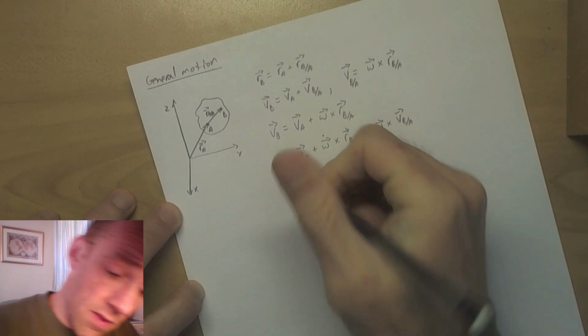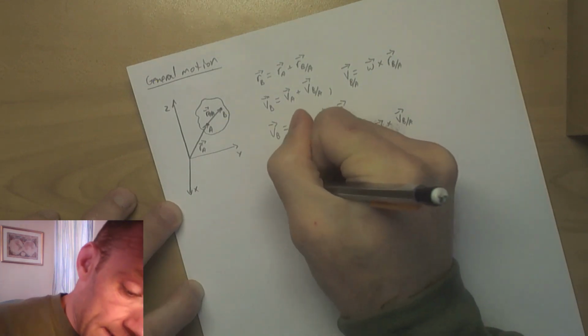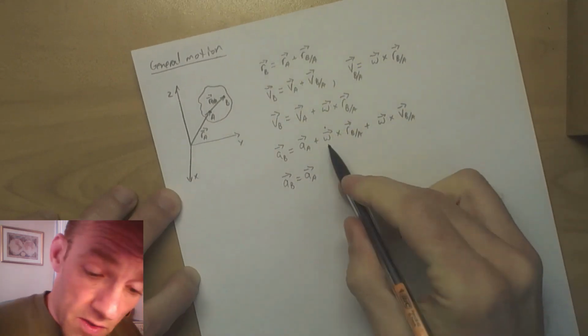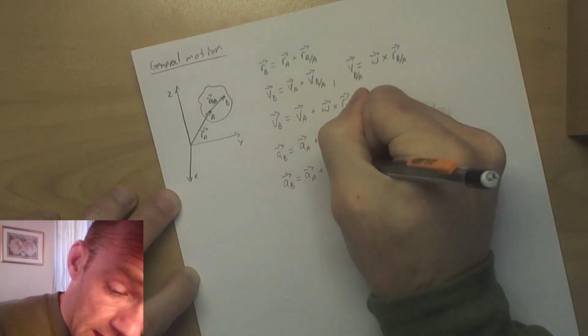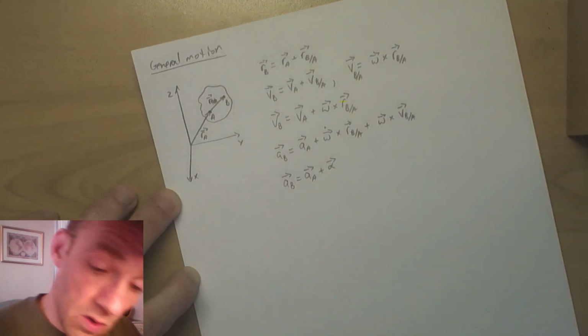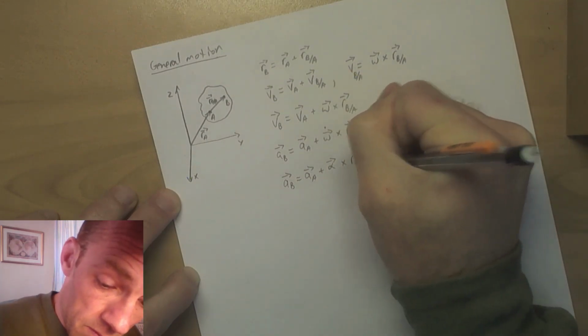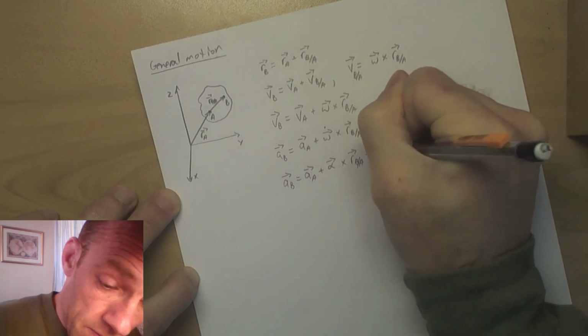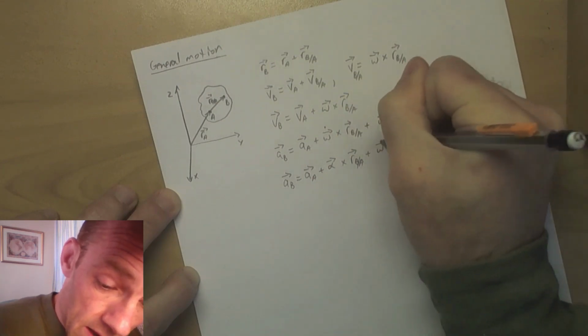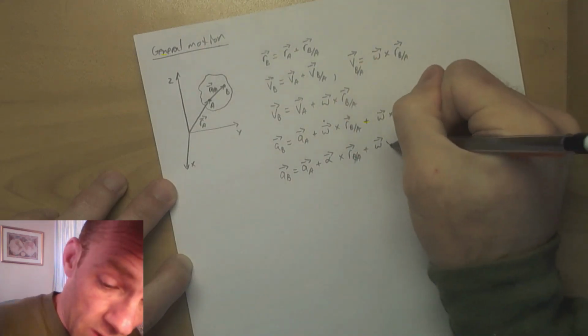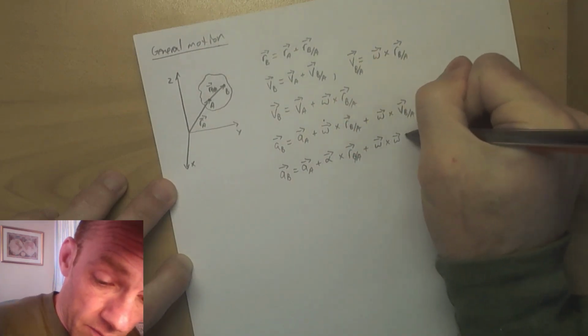All right, and so this is just the angular acceleration, and VBA is given by this cross product here. So we get this double cross product.